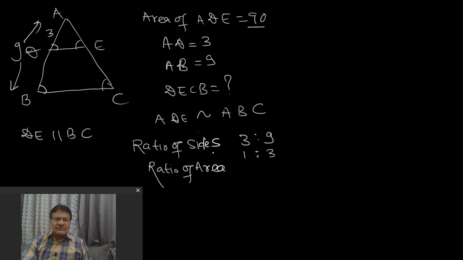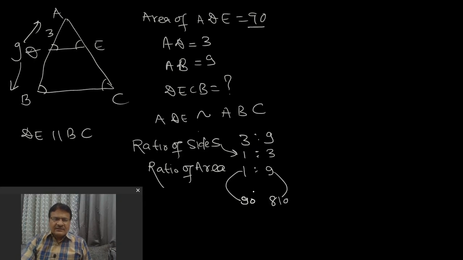And if the ratio of sides is 1:3, then the ratio of area would be 1:9, which is the square of the ratio of sides. And if 1 is 90, as given to you, then what is 9? 90 times 9, that is 810.